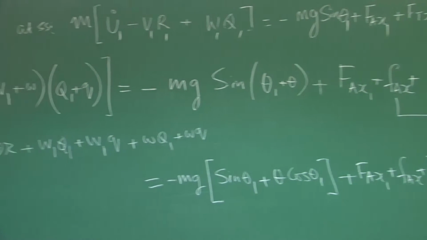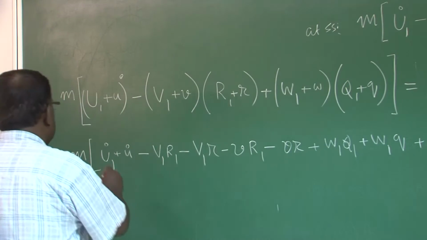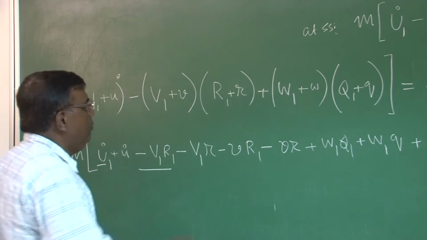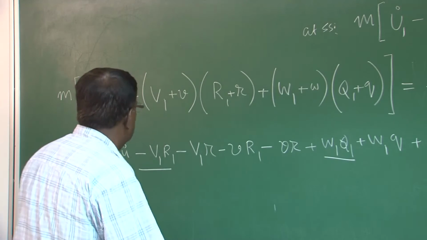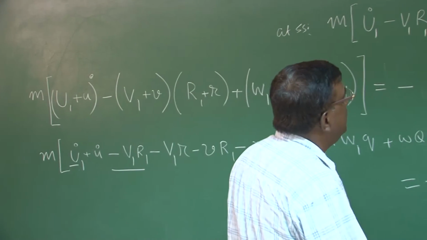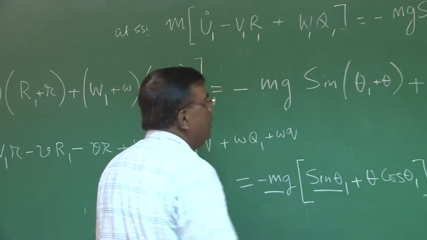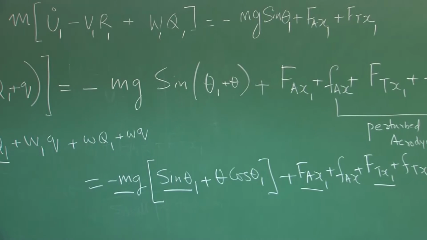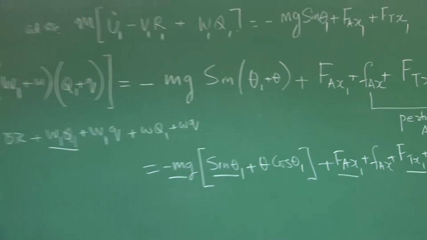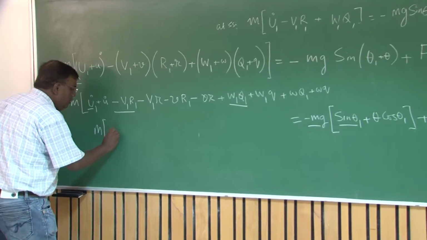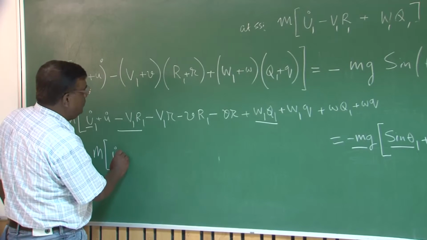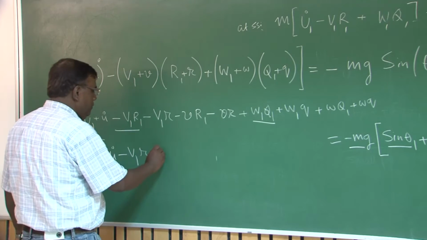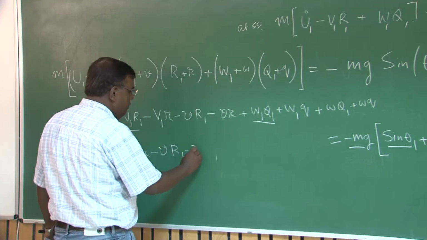Now see here, m U1 dot minus V1 R1 plus W1 Q1 is identically equal to minus mg sin theta 1 plus FAX1 plus FPX1. So I can take out this one. I will be left with m u dot minus V1 R minus V R1 minus VR.